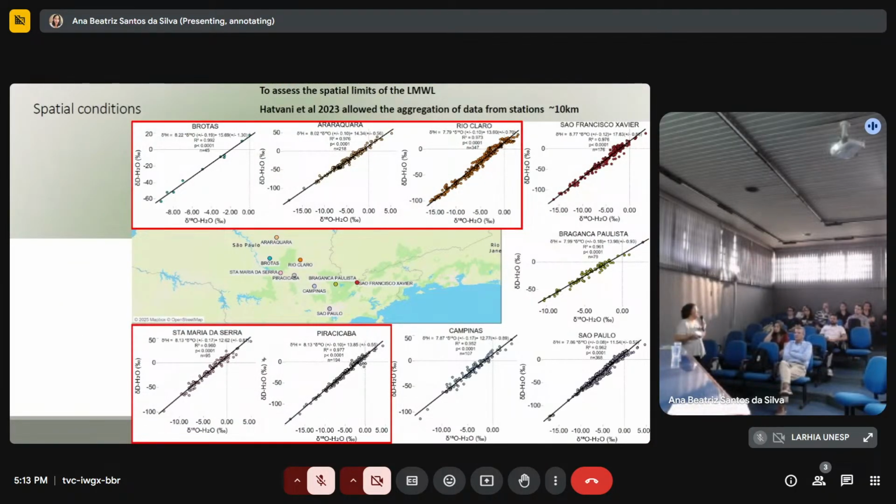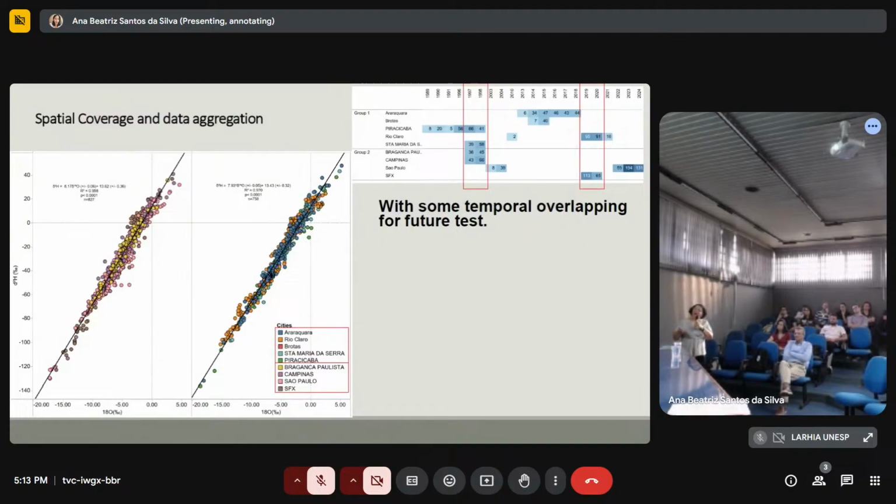So if any of you need to use this data, we could, for instance, aggregate these 5 cities and these 4 cities together, even though they are more than 10 kilometers apart. Here you see the regression lines, and they agree. There is no statistical difference between the individual regression lines of each of these cities and the aggregated ones.